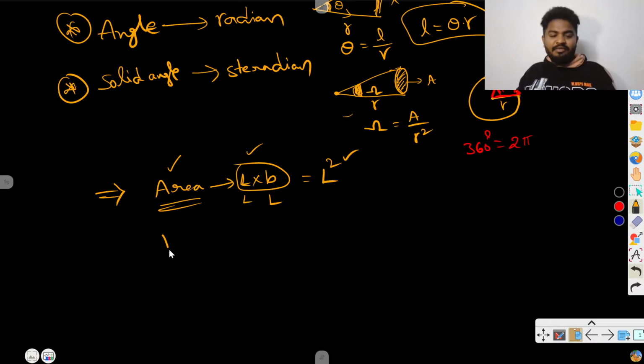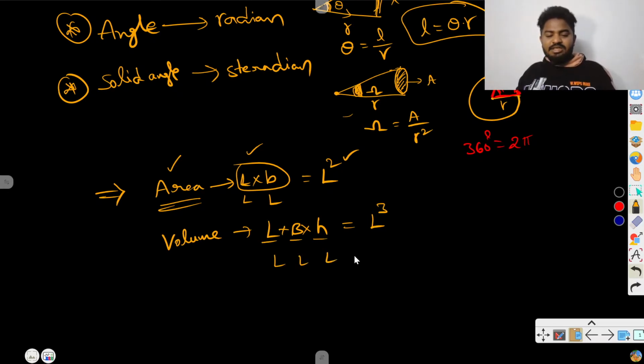For example, if I take volume, what happens? Length into breadth into height, right? Then you can write L cube, because all are distances only. So L cube: the fundamental physical quantity length is raised 3 times to represent the volume.